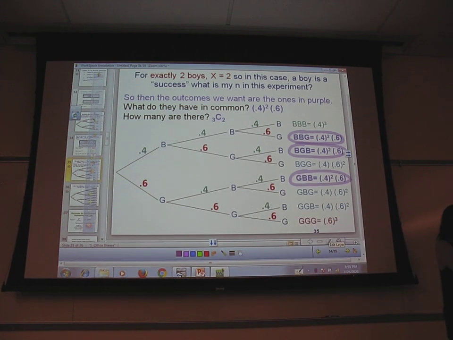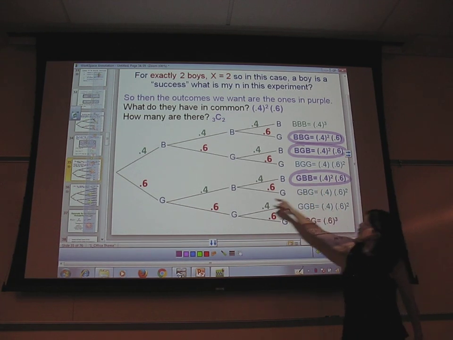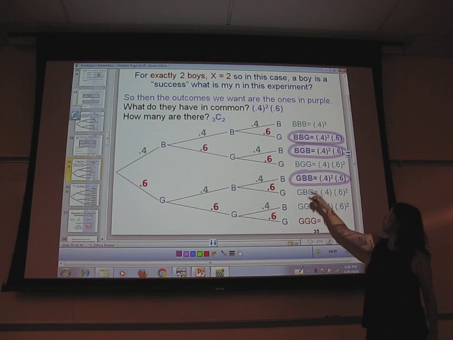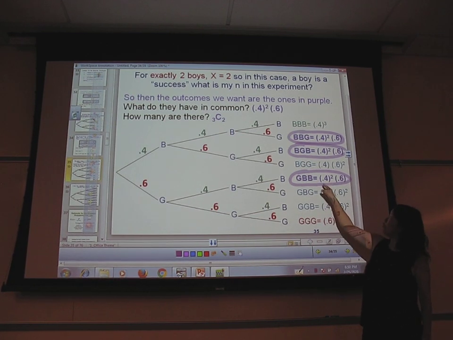They all have 1 failure and 2 successes. So what does that mean? They all have girl, boy, boy: 0.6 times 0.4 times 0.4. 2 0.4s and a 0.6 being multiplied. They all have that. They all have 2 boys, 2 0.4s being multiplied, and 1 girl, 1 0.6 being multiplied. Does everybody see what I'm saying?